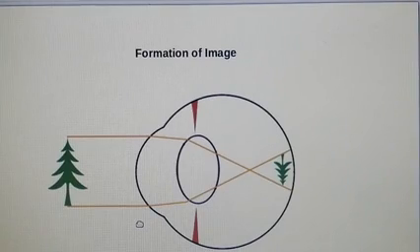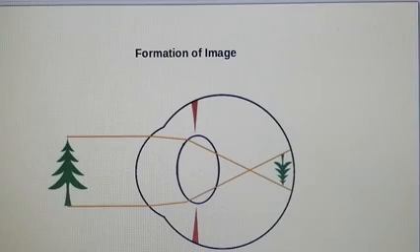What are the peculiarities of the image formed by the lens of the eye? The image is inverted, real and small. The image formed by the lens of the eye is inverted, small and real.